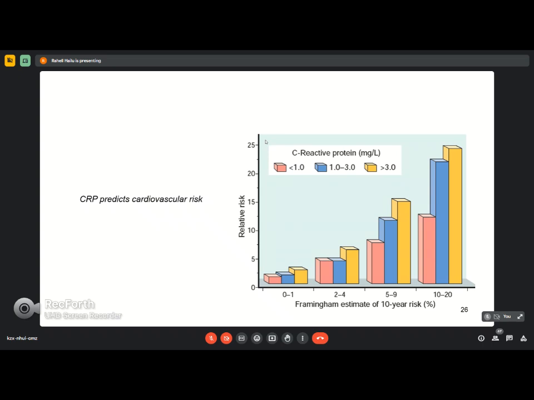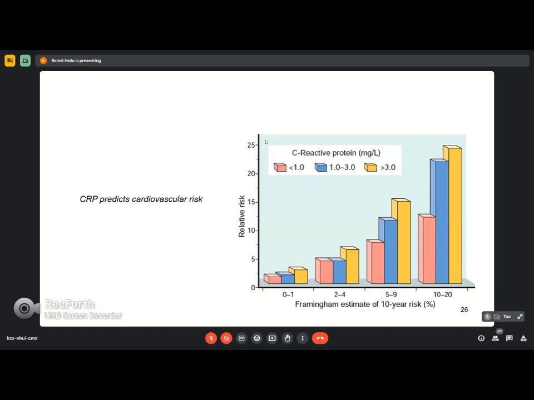By measuring the C-reactive protein alone, you can see if a person is at risk of atherosclerosis, or developing atherosclerosis, and that atherosclerosis complicating into a much more severe cardiovascular disease. For example, atherosclerosis of the coronary heart eventually leads to ischemic heart disease. So by just measuring C-reactive protein, I can see if that person develops some sort of ischemic heart disease or myocardial infarction somewhere later in life.